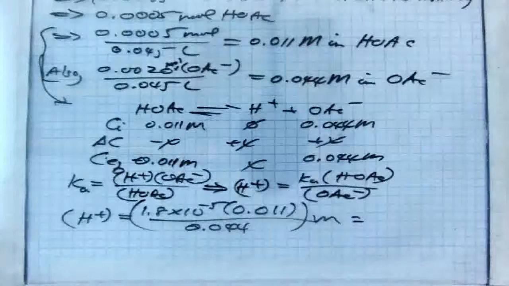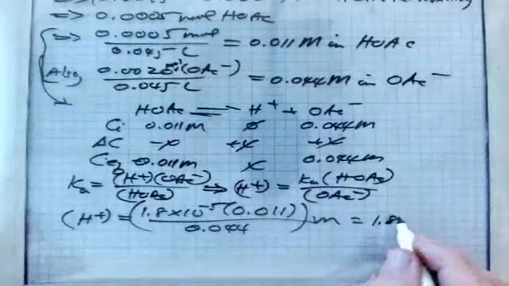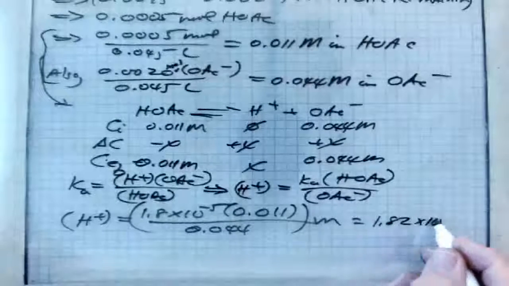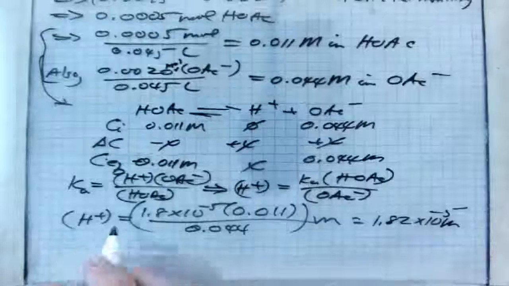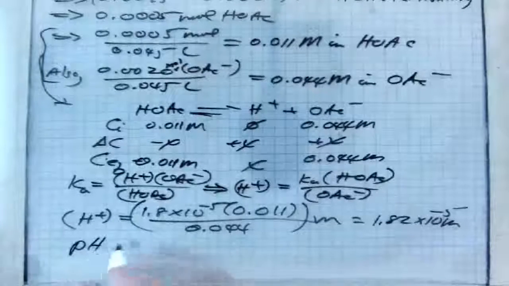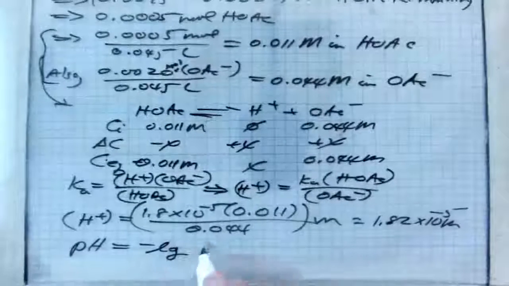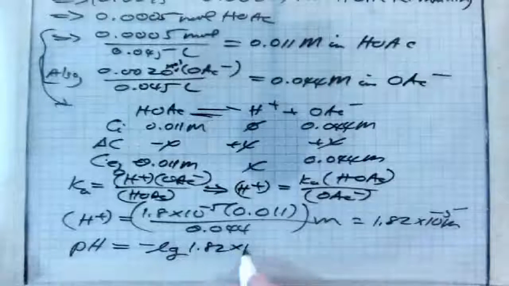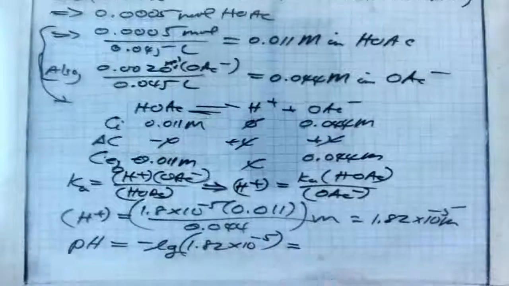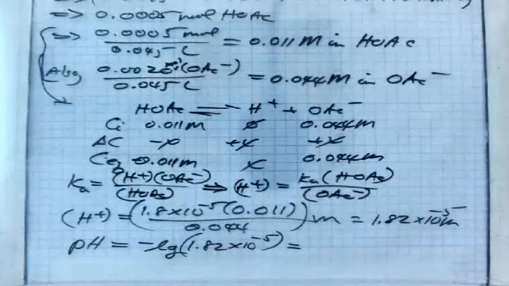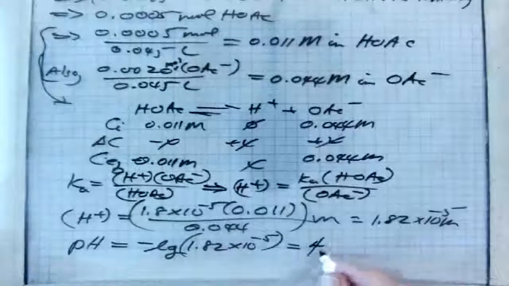I'm just repeating everything. Times 1.8 times 10 to the minus 5 equals 0.044, second scientific. 1.8 times 10 to the minus 5 molar in hydrogen. And so the pH now is minus log of that number, which gives you 4.74.